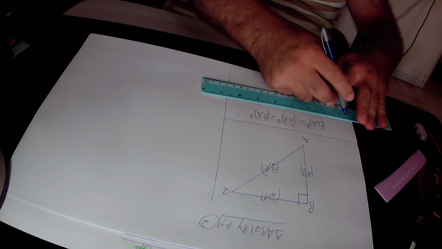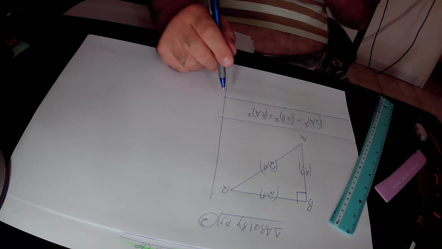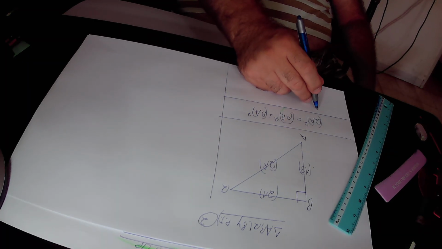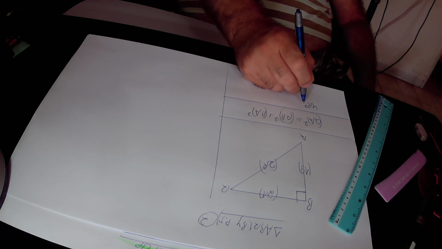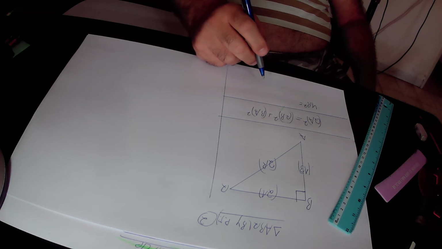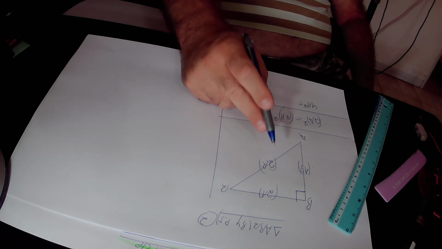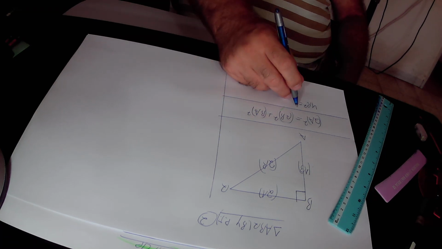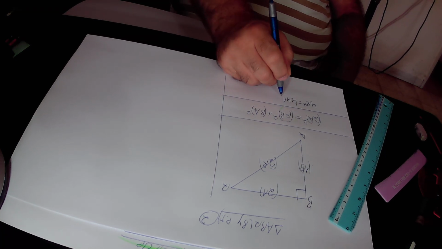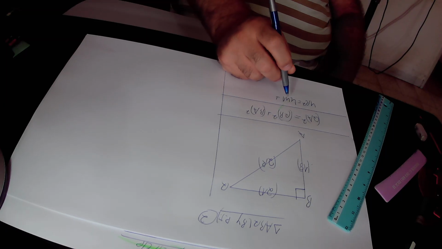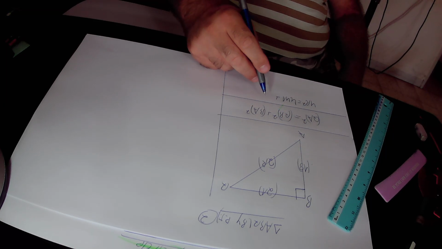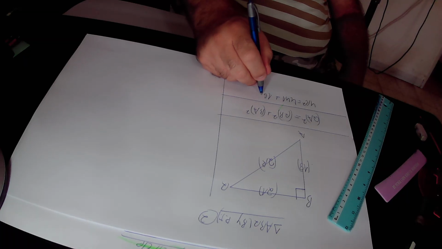QA is 2r, therefore QA squared is 2r squared, which is 4r squared. It equals QB squared. QB equals 21, therefore QB squared is 441, plus BA squared. BA is 13, therefore BA squared is 169.